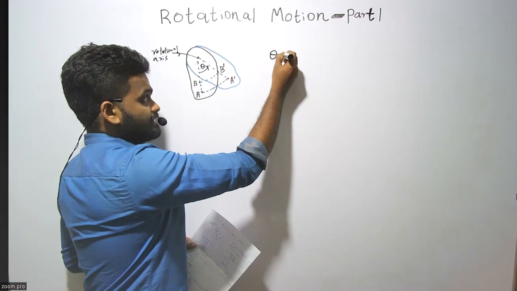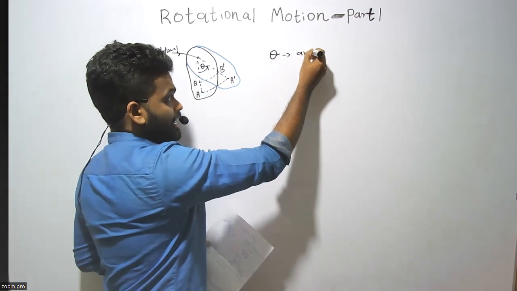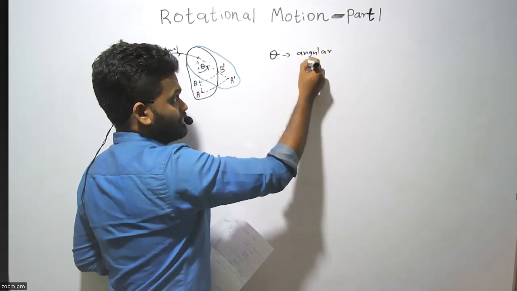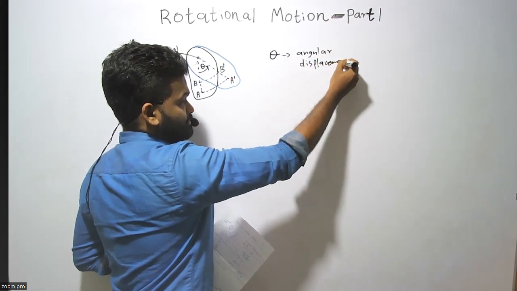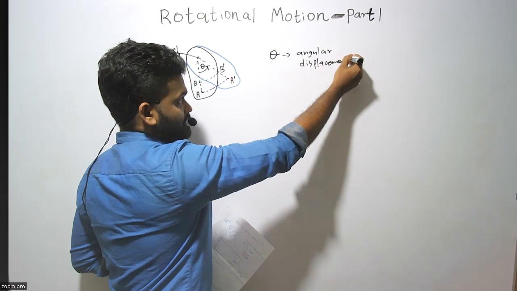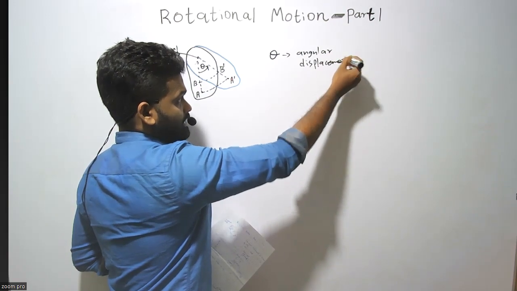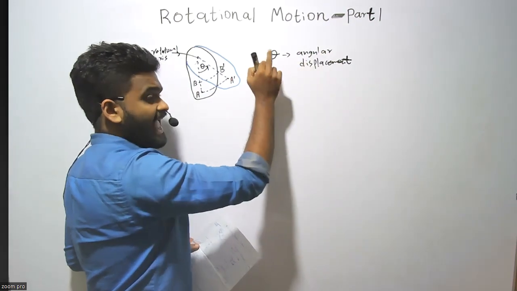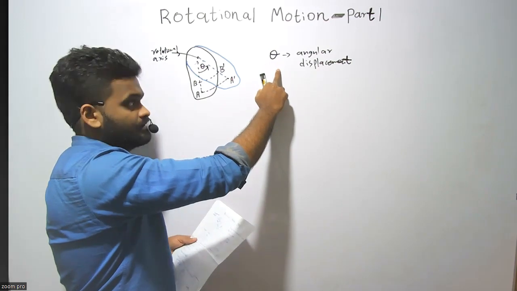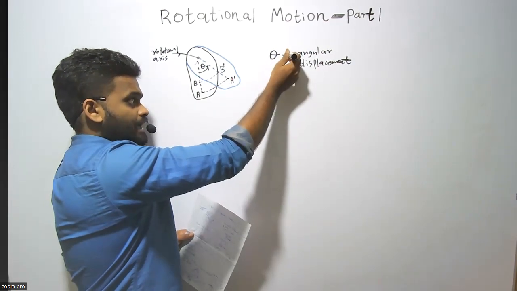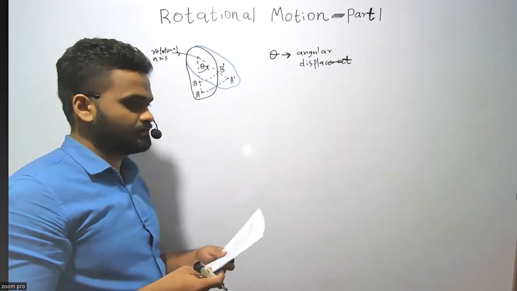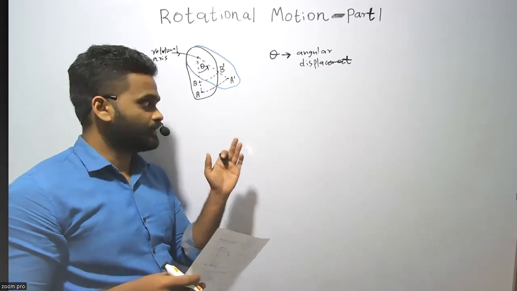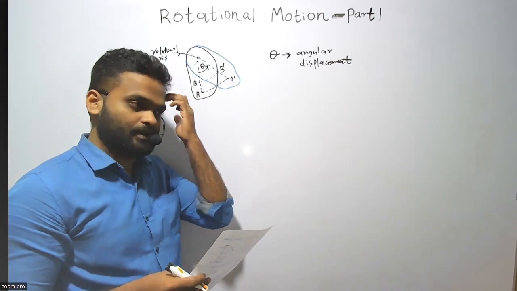So that angle theta, we call angular displacement, not linear displacement. It is similar to linear displacement, but here we call it angular displacement. It is an angle, right? Actually we can measure this angle using degrees, but degrees is not going to work when it comes to equations, vector equations.